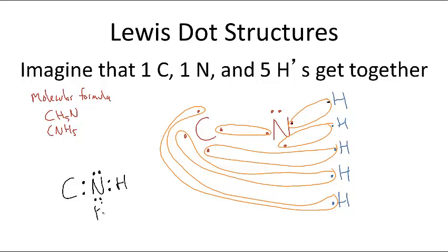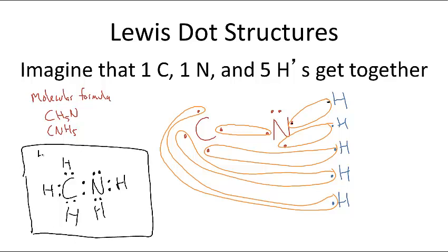Another 2 here. And then with carbon, I have 3 bonds between the carbon and 3 hydrogen atoms. So when I put it together like this, this is the Lewis structure. Lewis dot structure. This is something we're going to practice a lot.